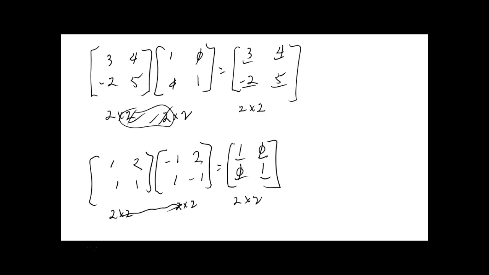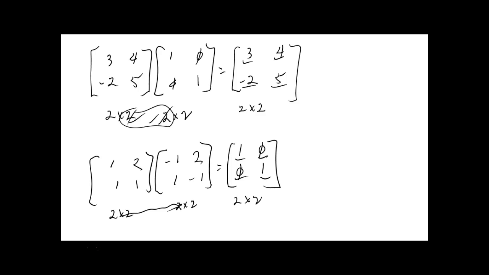Anytime you have a matrix that relates to some other matrix, and by the way, let me make sure before I say this, for this to work, they have to be the same size.